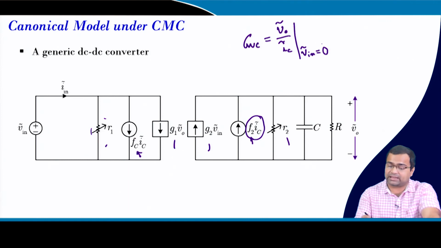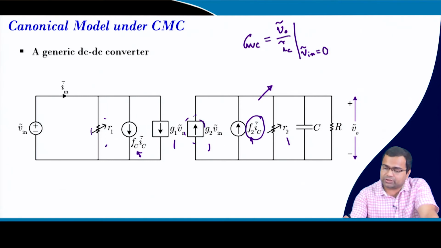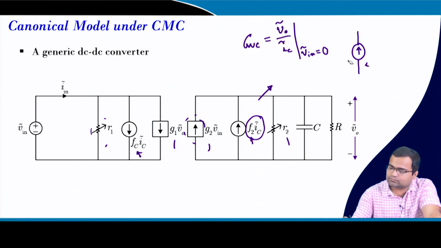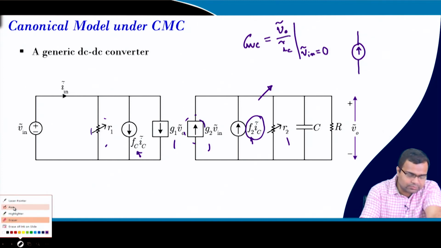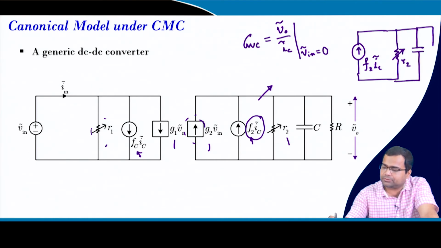Then what will be the equivalent circuit? What will be this circuit? So, this will be open circuit, right. It will look like this: F2 into IC. So, this will be F2 into IC, then we have an emulated resistance R2, then we have the capacitor and the actual resistance.